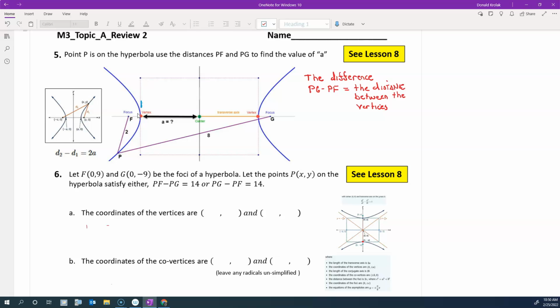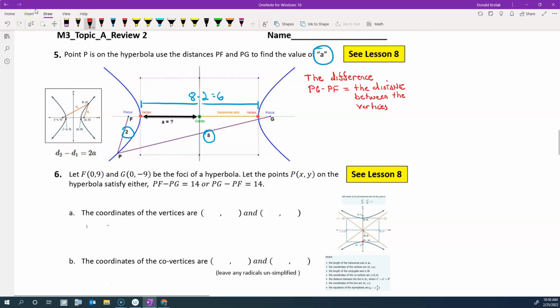So this length right here, from there over to this vertex, is going to be the difference of these two numbers. 8 take away 2 is 6. And then the question's asking, what's A then? Well, if the whole thing's 6, then A has to be 3. And that's what you do when you have a hyperbola.